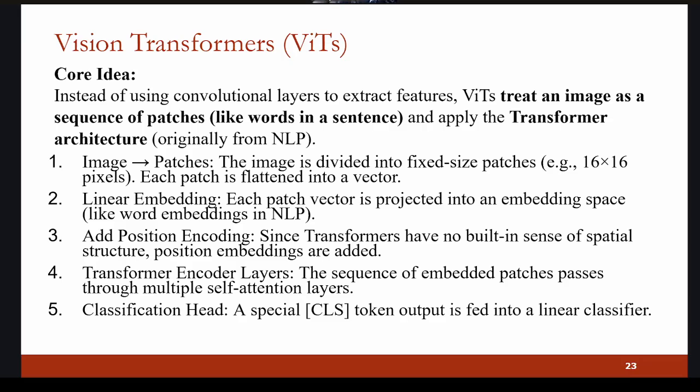Generally you are giving all types of images as input to your transformer model. The model will learn the image completely on its own. Then when you add a linear classification layer on top of it, you'll be able to classify that particular image into different classes.